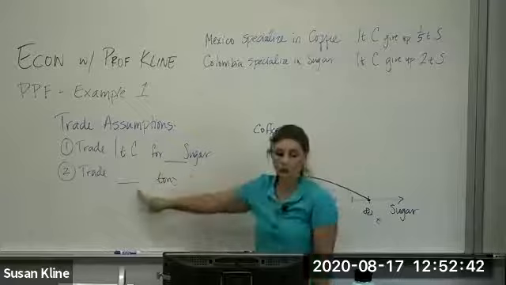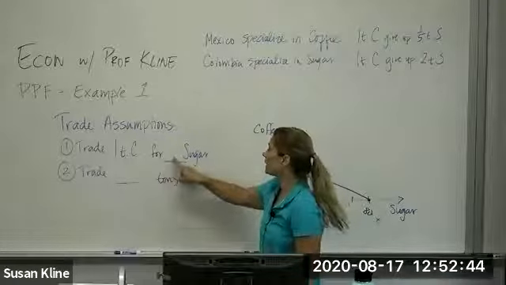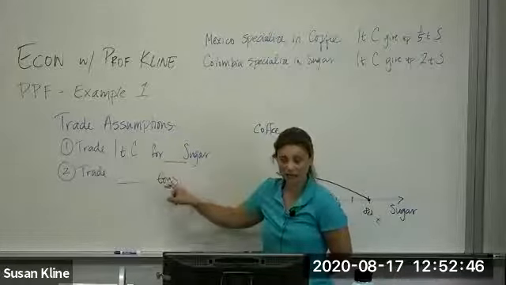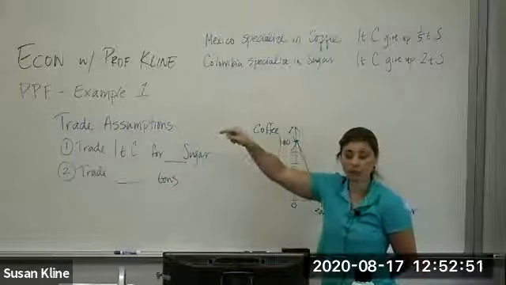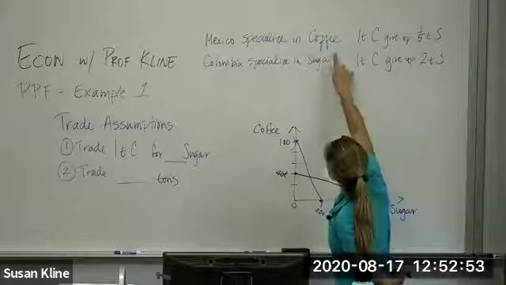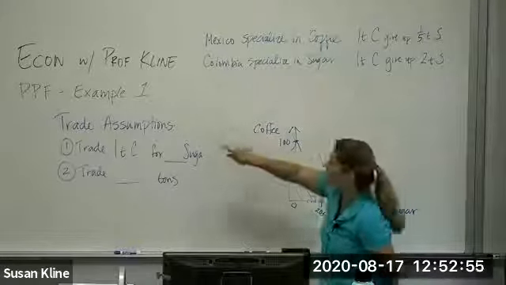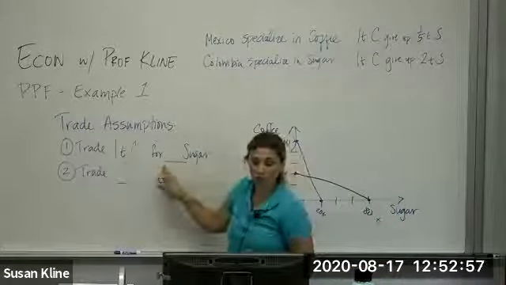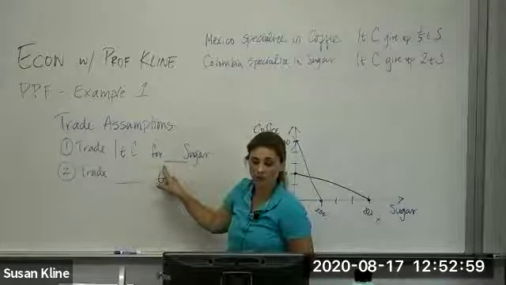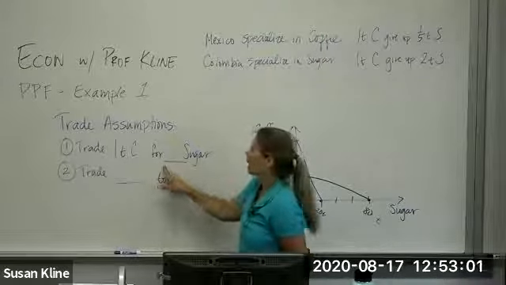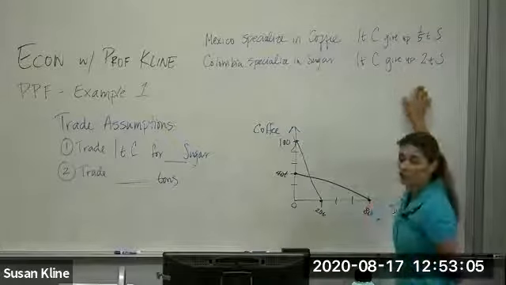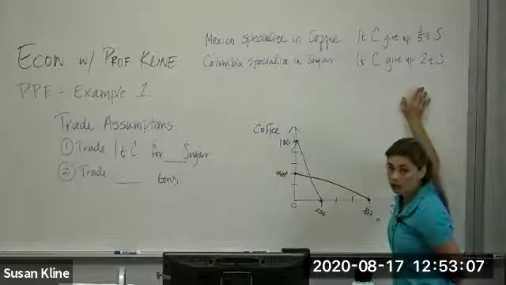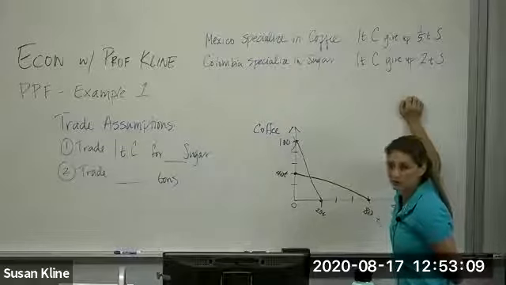So notice I have 2 fill in the blanks here. So these are things that can change, right? So both parties will win as long as the trading terms, that's what we call this, what we're willing to trade a ton of coffee for in terms of sugar, as long as this falls within the 2 countries' opportunity costs, both parties will win, right?